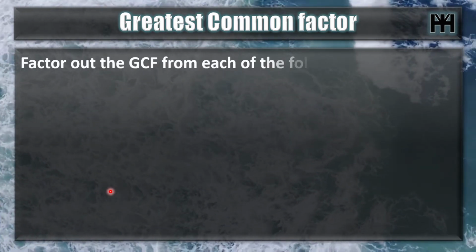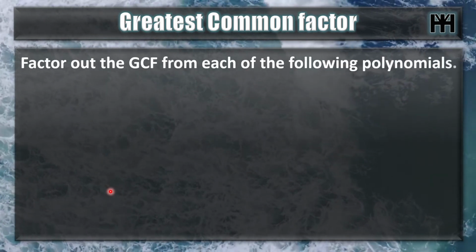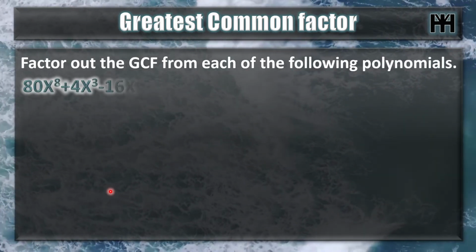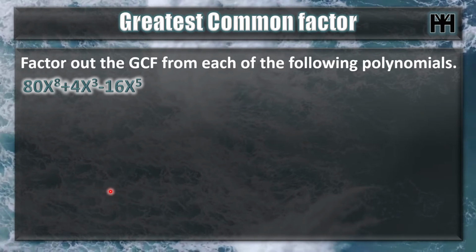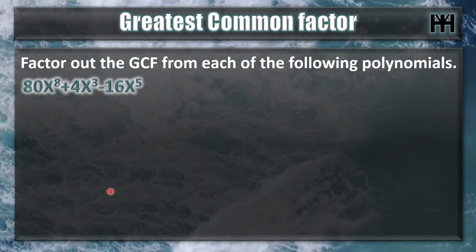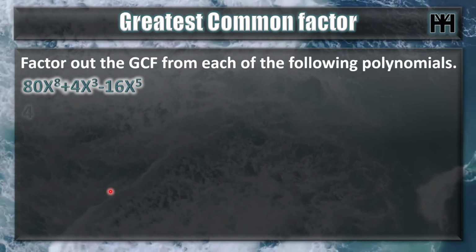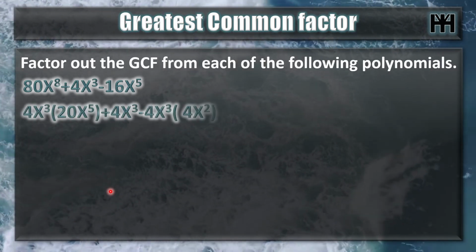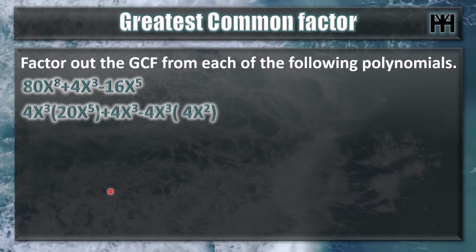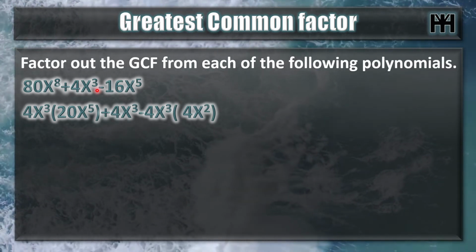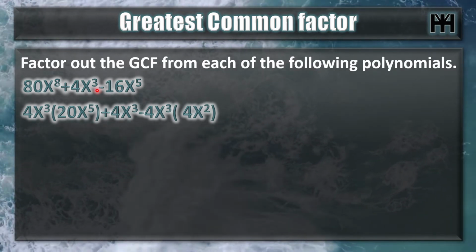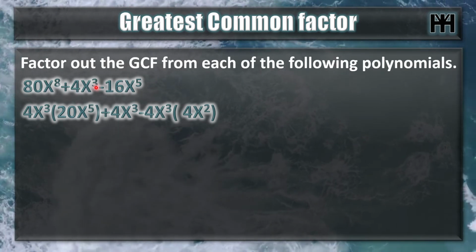Factor out the greatest common factor from each of the following polynomials. Let's say we have 80x power 8 plus 4x power 3 minus 16x power 5. So we can take 4x cubed as a common factor, because the 3 here is the lowest exponent of x.